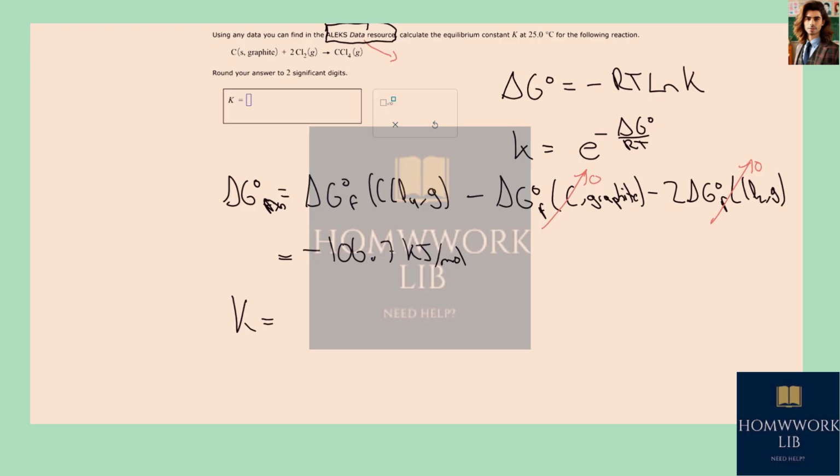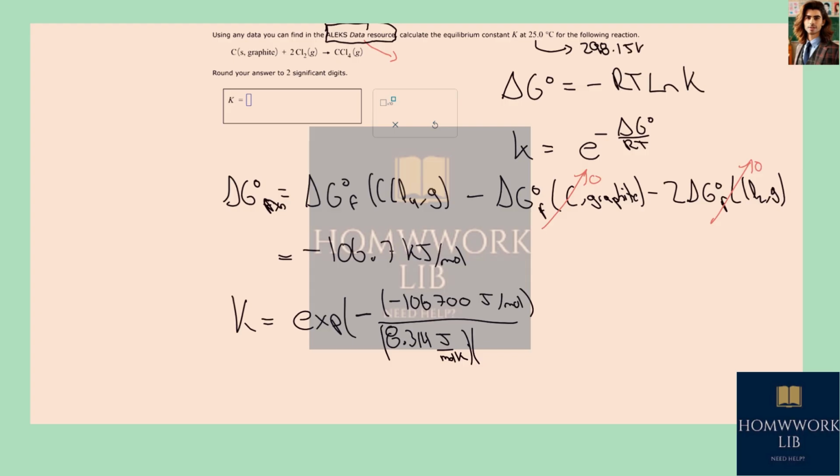The value for the equilibrium constant is going to be the exponential of minus the value for delta G, so minus 106.7 kilojoules per mole. In this case, we're going to transform directly to joules per mole, multiplied by 1000, divided by the gas constant, 8.314 joules per mole Kelvin, times the temperature, in this case 25 degrees Celsius, which is the same as 298.15 Kelvin.